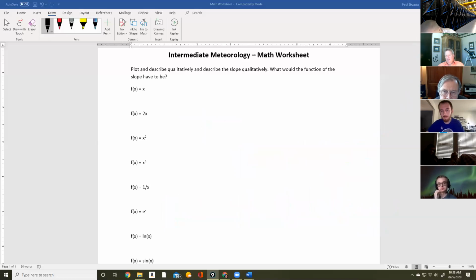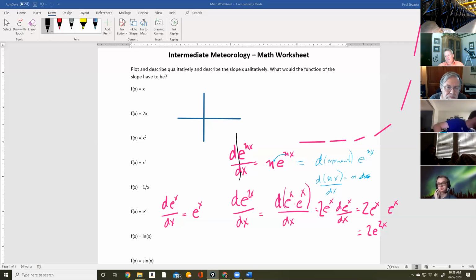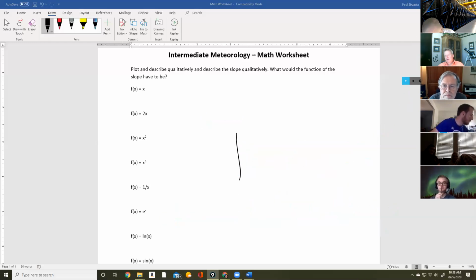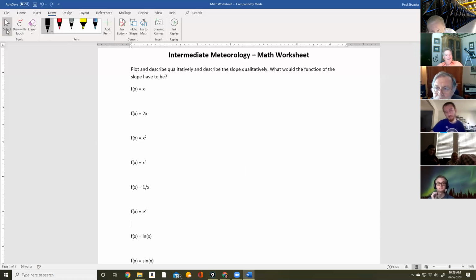Let's skip to these guys. Oops, not what I wanted. Why do I have a big black mark there? What the heck? What am I doing? Oh, you know what it is? I'm in draw in Word.